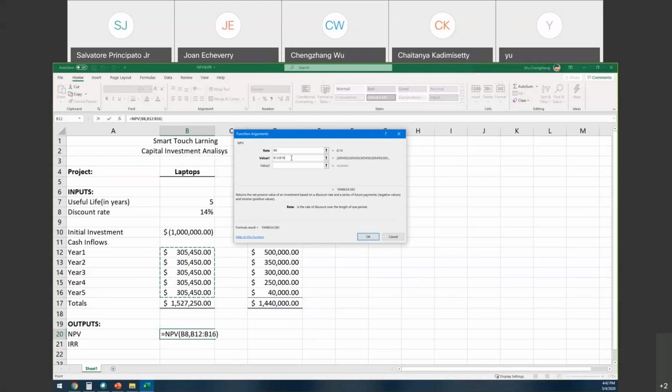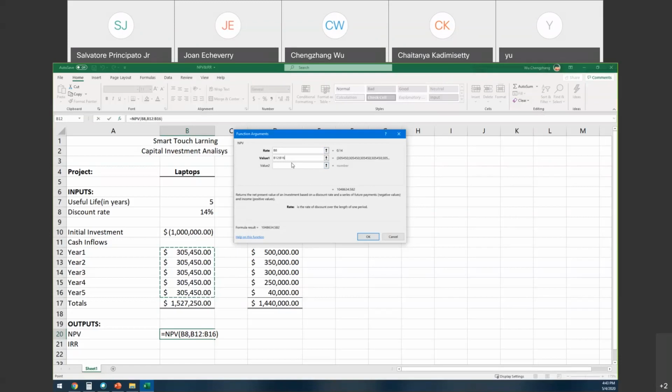Well, as you know from the previous part, three factors are needed to calculate the NPV. Here we know the interest rate, and we also know the cash inflow for each year. And one more thing, the number of periods.